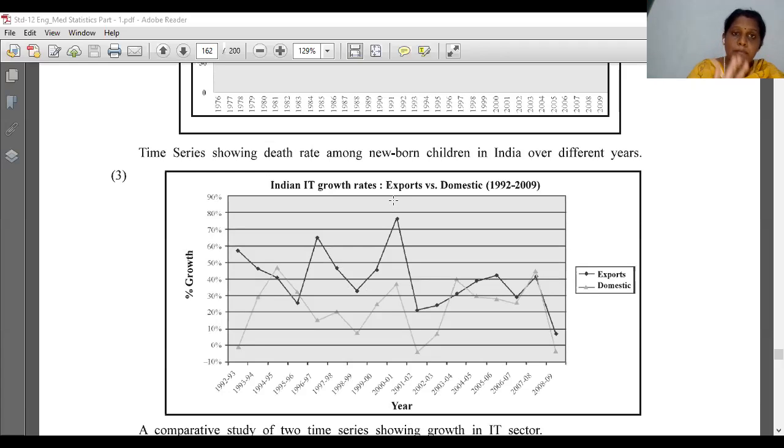See children, what is the main concept of statistics? To collect data. Okay, that was our main concept of statistics. Collect data and present it in such a way that the person who is seeing it can understand it at one glance.